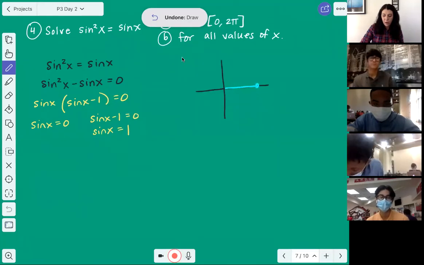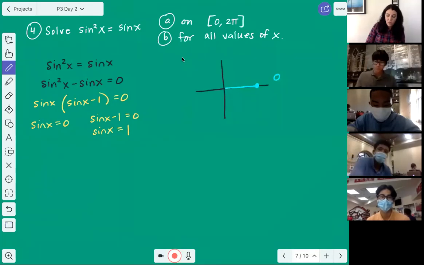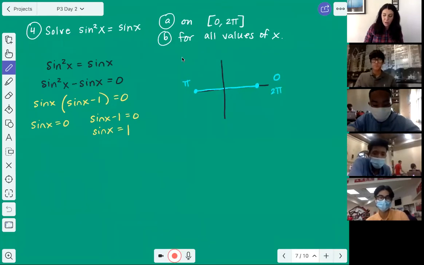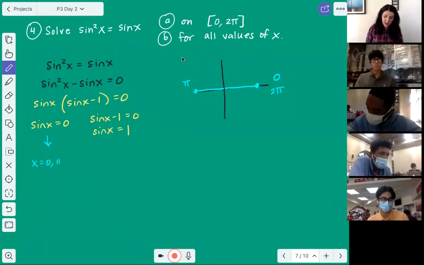You do have the point over here, which would be at the angle 0. You would also have the point over here, which would be at the angle pi. And then you'd also have the angle here at 2 pi, and we're including all values from 0 to 2 pi. So all three of those would be places where sine is equal to 0. So we're at x is equal to 0, pi, and 2 pi.